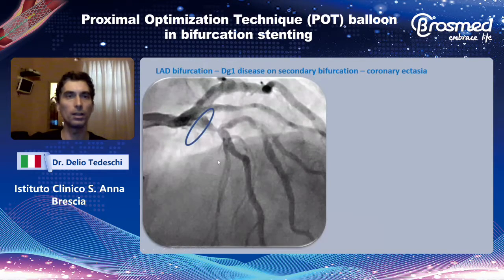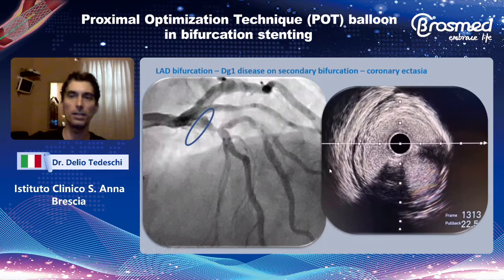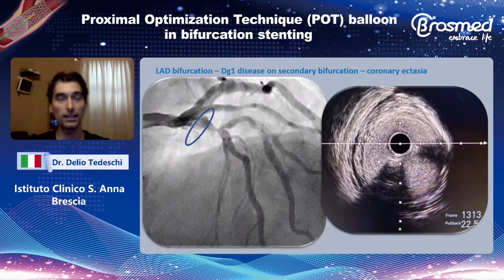And above all, we studied very well the proximal part of the LAD at the level of the aneurysmatic or ectasic portion of the LAD. And this was the picture. We can see here a big vessel and a very short part of this vessel with this big diameter.